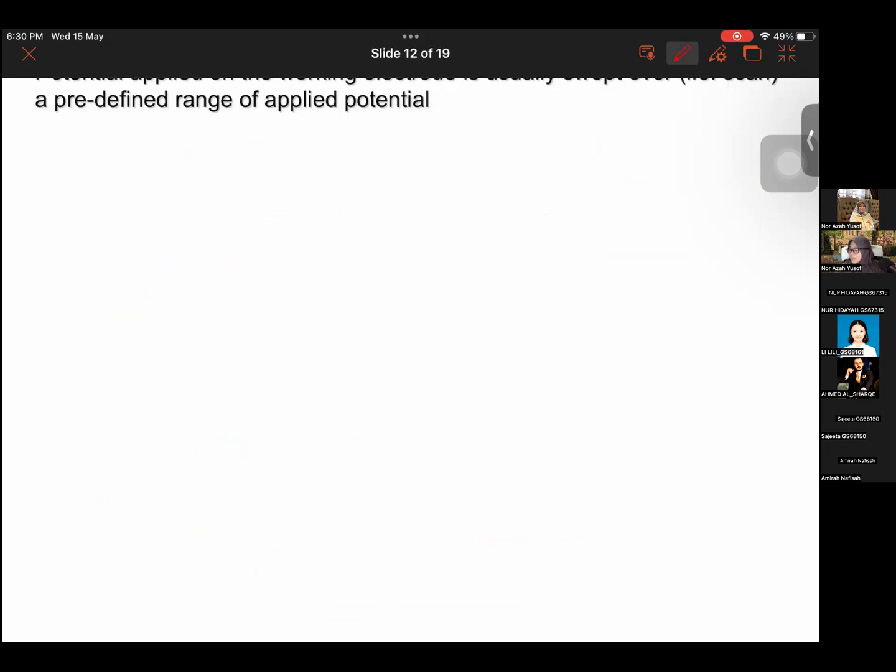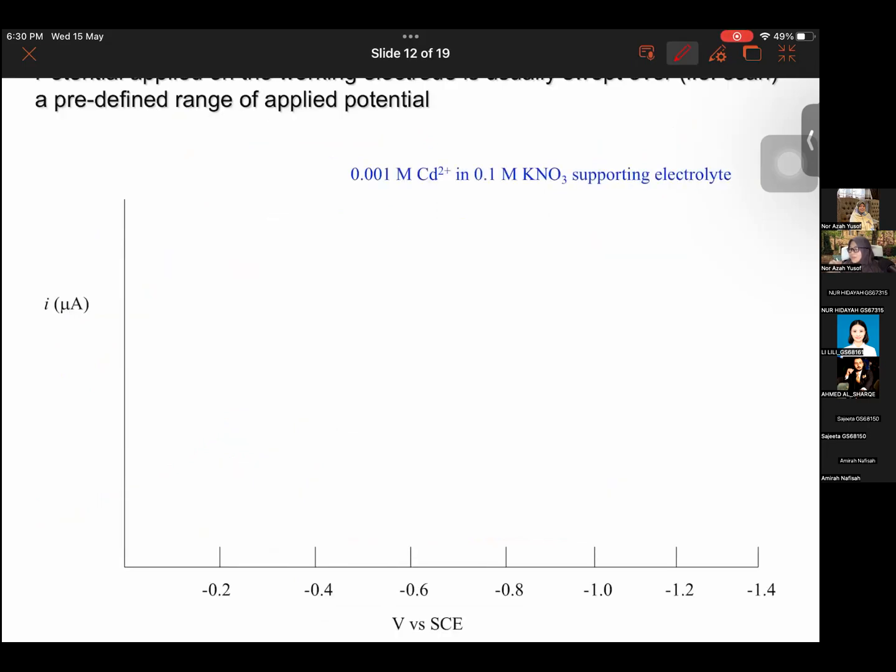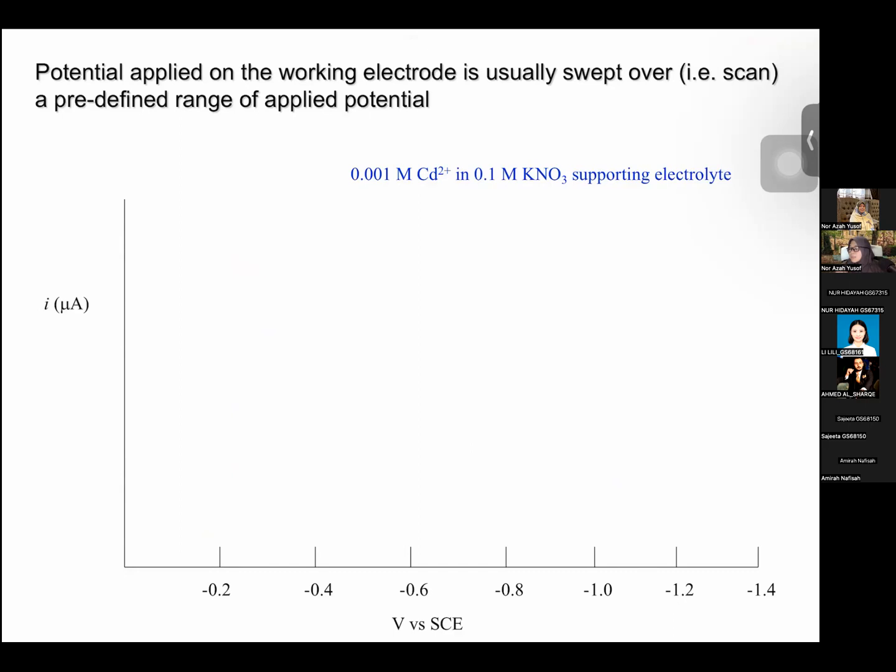So this is again the detail of what happened in electrochemistry. More examples: now we apply a potential on the system, on the working electrode.